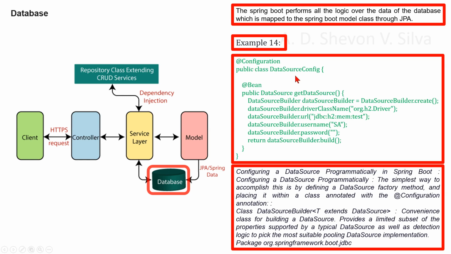The class DataSourceBuilder is a convenience class for building a data source. It provides a limited subset of the properties supported by a typical data source, as well as detection logic to pick the most suitable pooling data source implementation. This is in the package org.springframework.boot.jdbc.